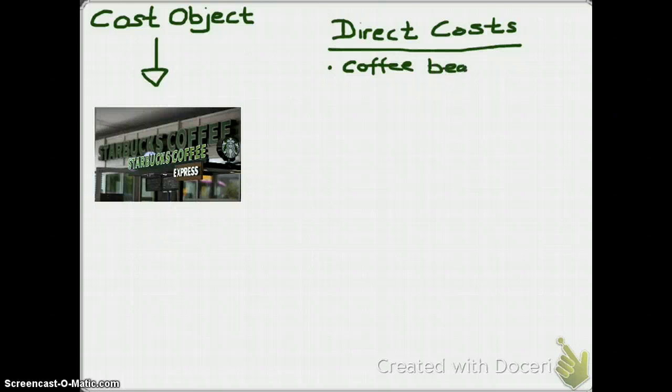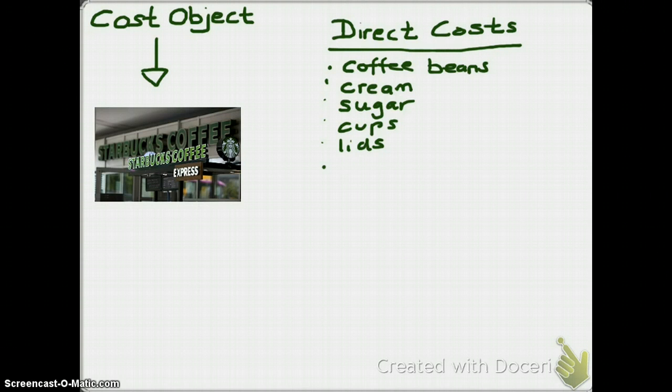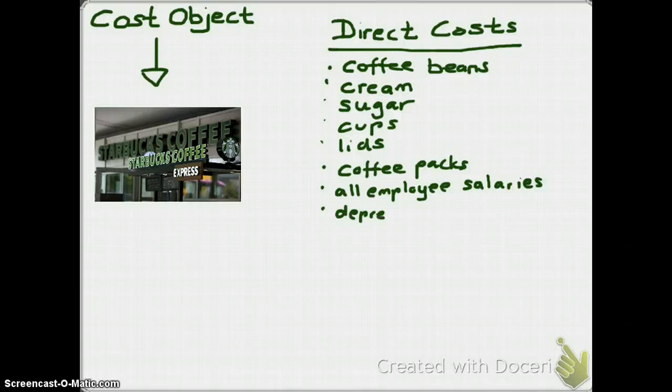You have the cost of coffee beans, of cream, sugar, cups, lids. You also have coffee packets they have for resale. The cost of all the employee salaries, every single employee, including the manager, their salary is a direct cost this time. Depreciation on store equipment, utilities, rent for the store.